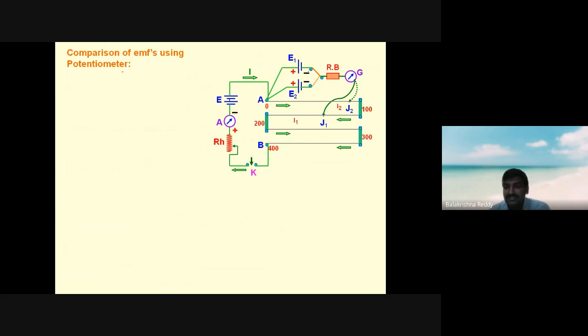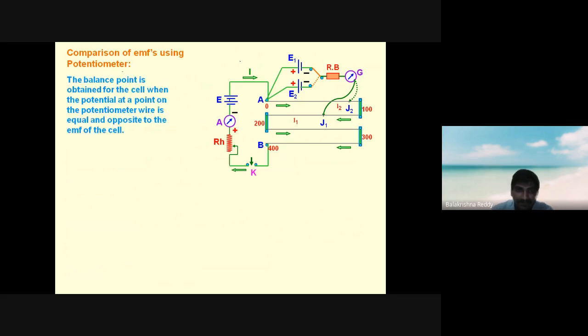Let us say initially I have turned on the switch and the current is flowing through E1. First, as usual, I check the null point before doing the experiment. After that, when I connect the E1 cell, I have to slide the jockey from the starting point to some point.